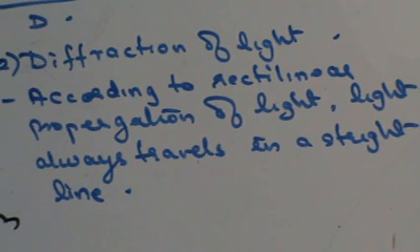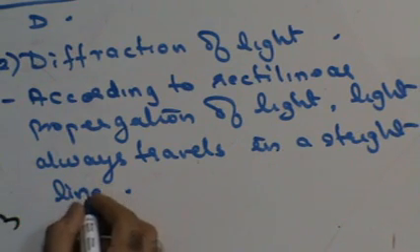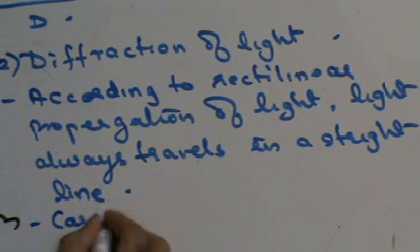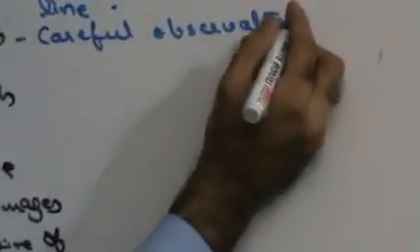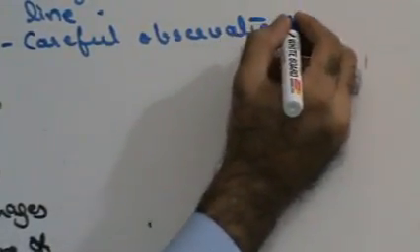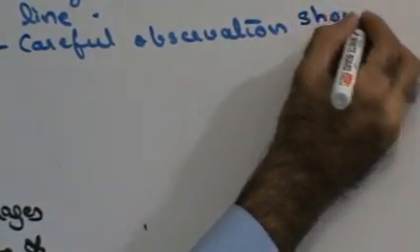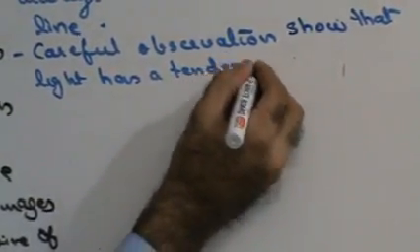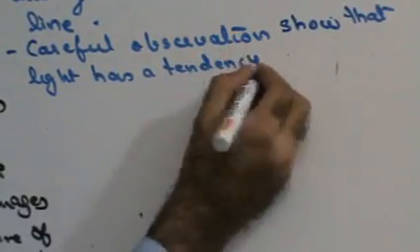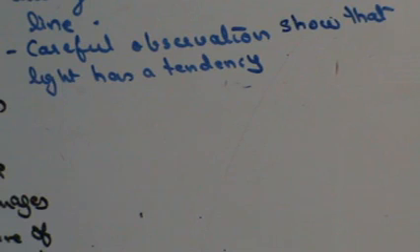Similarly, if there are corners, if there's a small object with corners, the light would bend, right?